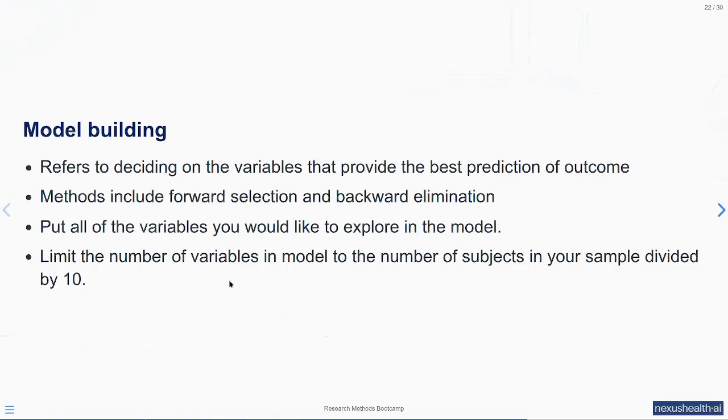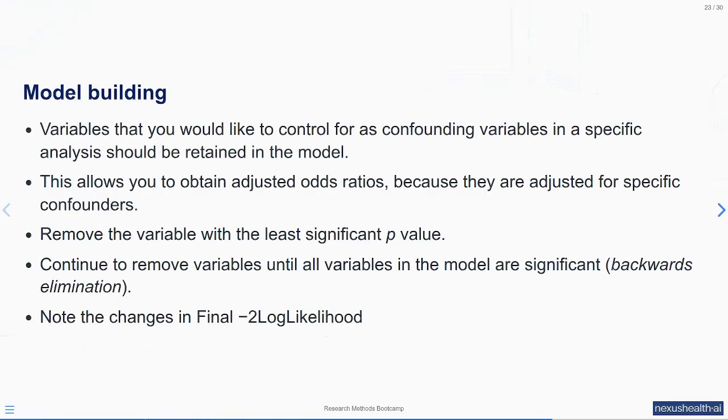I think I'd mentioned that in an earlier lecture. Variables that you would like to control for as confounding variables should be retained in the model. This allows you to obtain adjusted odds ratios because they are adjusted for specific confounders. So you remove the variable with the least significant p-value. That's how you do it.